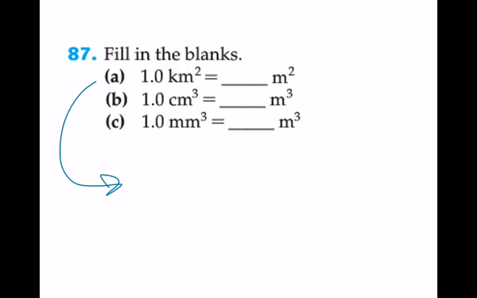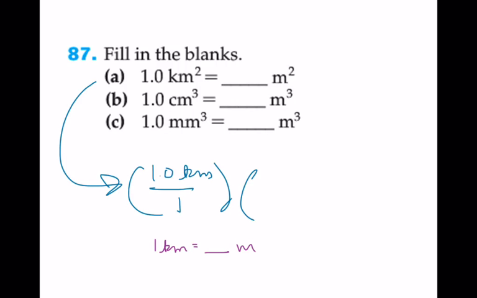Okay, so our first term is going to be 1.0 kilometers over 1. And so flat out, if I was working this in my answer key, I would write 1 kilometer is exactly equal to how many meters? 1,000. Yep, 1,000. I would even write that equivalency statement somewhere. Because now, when I go to use it, I know that I want kilometers to cancel. I'm left with meters, so what goes there?